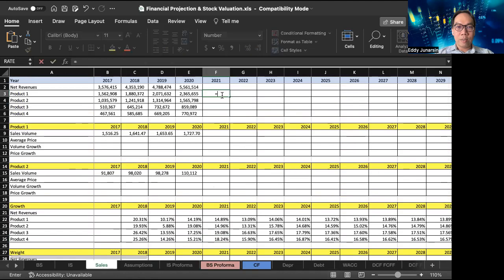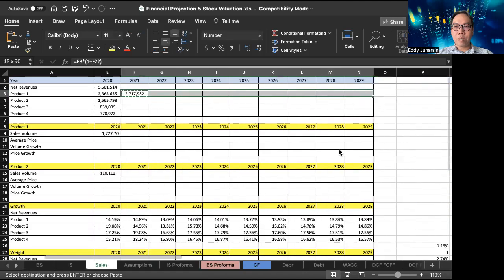So this would be the previous year, growing by 14.89%, right? So it's growing, yeah. So the same thing here, we just do a copying and pasting, the same pattern.